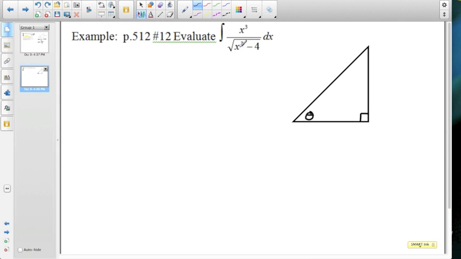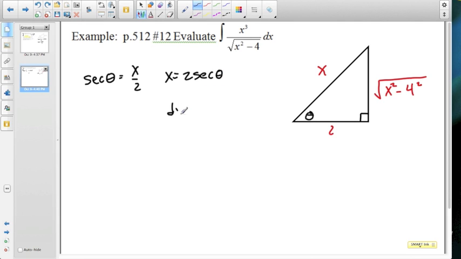We know that this is our hypotenuse, so we have x on the hypotenuse, and we have this squared, so we need a 2 on the adjacent leg, which leaves the difference of those two squares as the opposite leg. As we're setting up secant theta, we know that it's hypotenuse over adjacent. So the value for x is 2 secant theta.